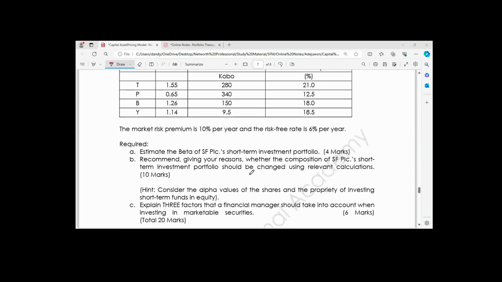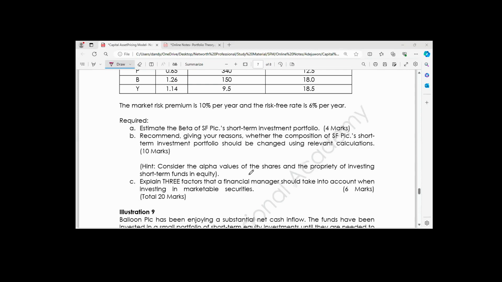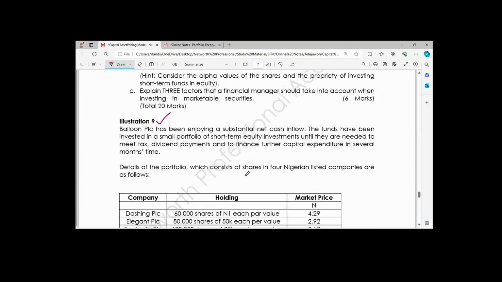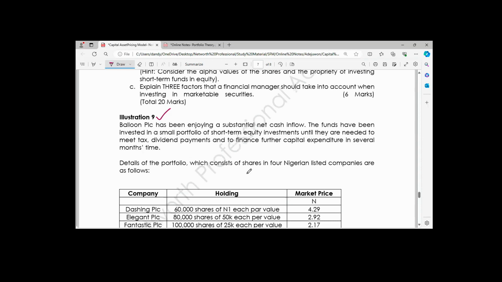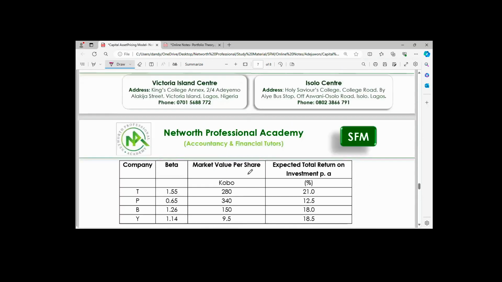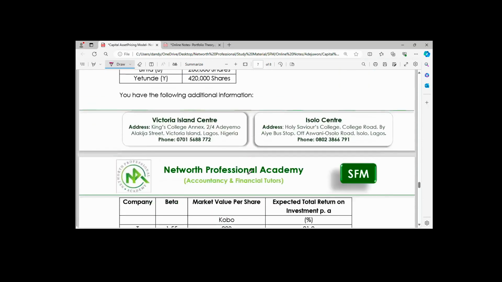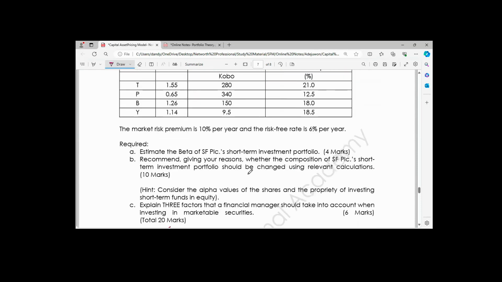Illustration number 9 was tested in 2021 or 2022, I can't remember clearly. In any case, it's very similar to illustration number 8.